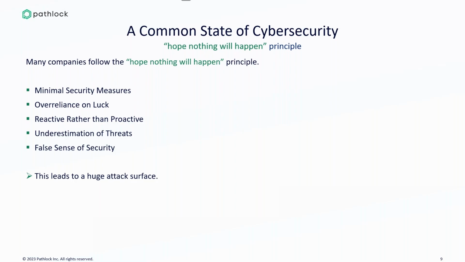And all this together leads to a huge attack surface. And the problem is, especially since the Corona pandemic, attacks increased. The number of attacks increased largely. If you were safe the last years, it's most likely that you will not be safe in future.